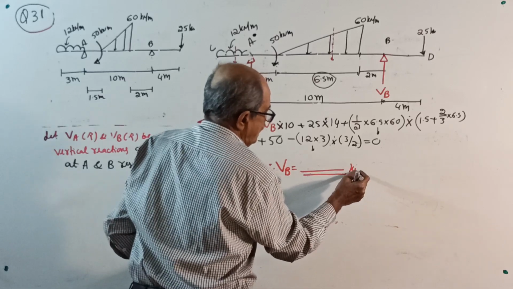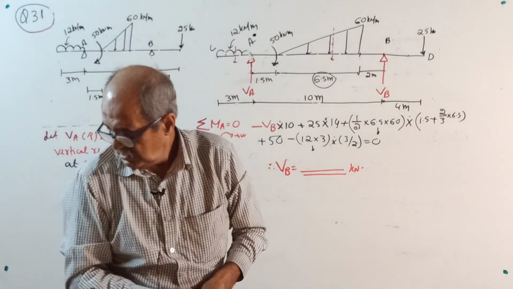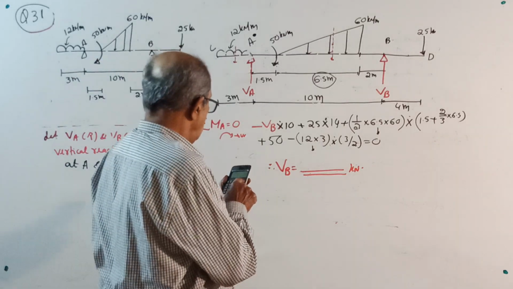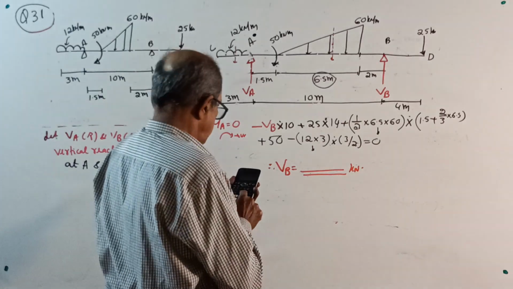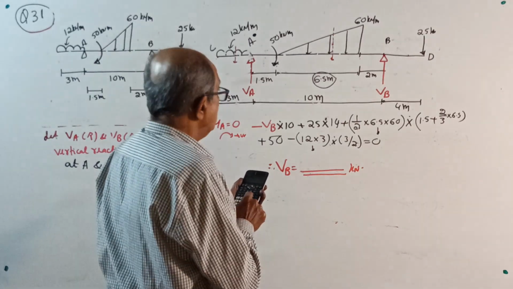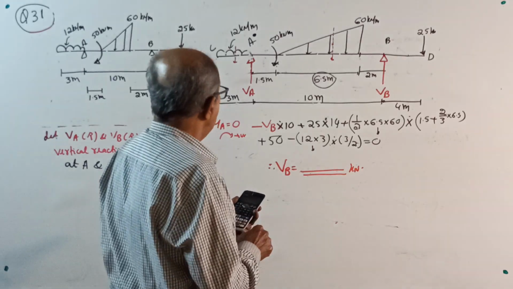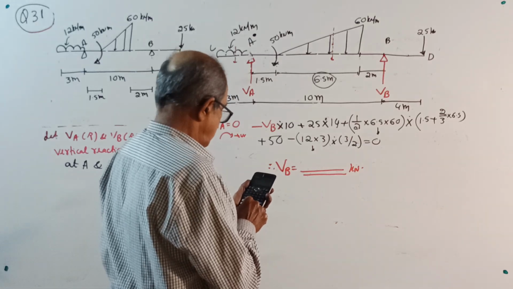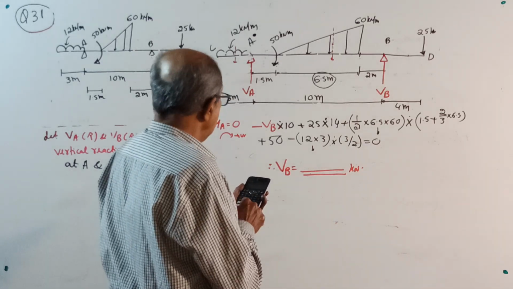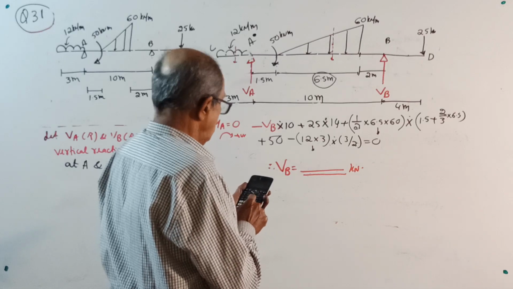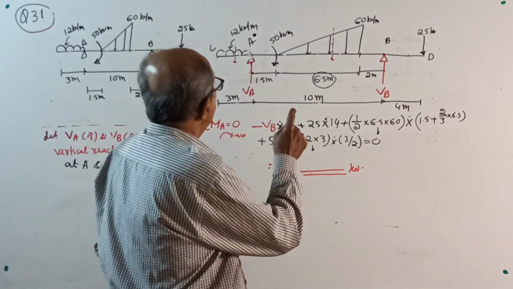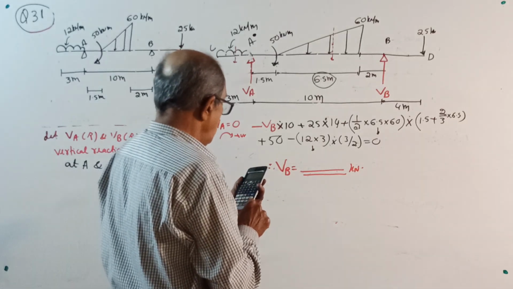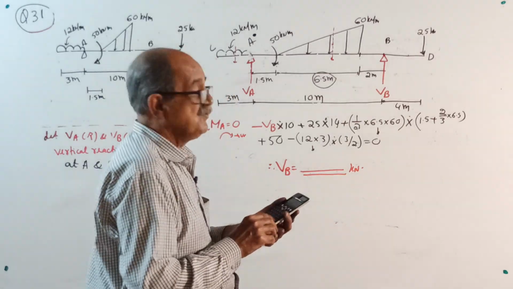I have to calculate it now. This time I am really calculating. 25 into 14 plus half into 6.5 into 60 into bracket 1.5 plus 2 by 3 of 6.5, plus 50 minus 12 into 3 into 1.5. Divide by 10. 5,000. No, something wrong because it's not possible.